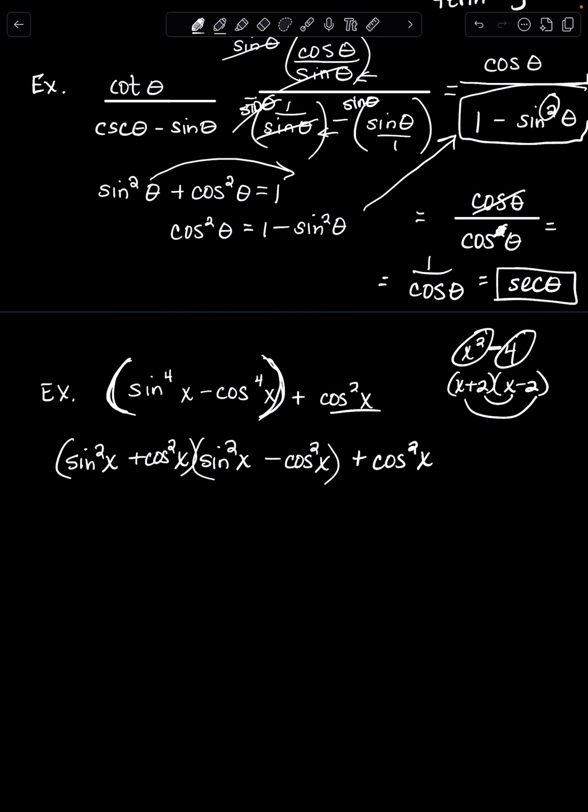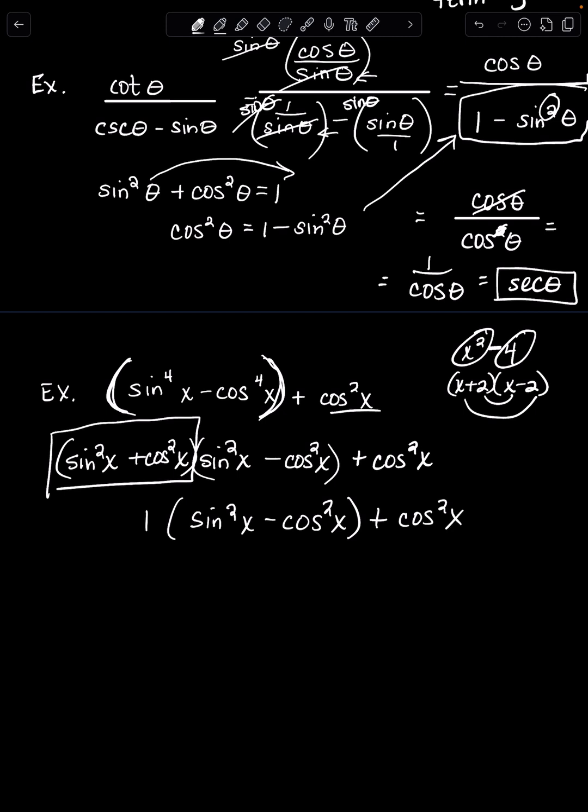All right, now if you look, do we see anything familiar to us? Hopefully you recognize this. This is probably our favorite thing because we know that sine squared of x plus cosine squared of x equals 1. So I can substitute that 1 in there. I'm still left with sine squared of x minus cosine squared of x plus cosine squared of x.